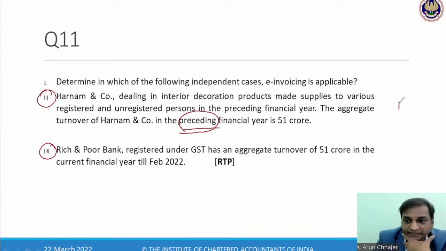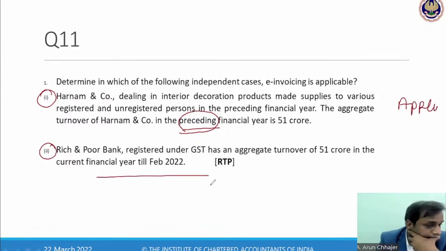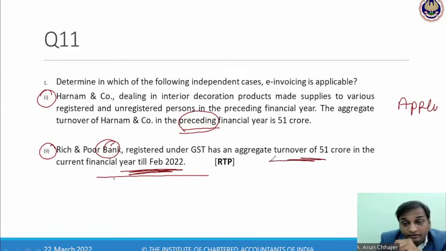Case 1 you are saying applicable. What about case 2? Example 2, is it applicable or not applicable? It is not applicable because first it is a bank, and second the turnover they are talking about is of the current financial year, not the preceding financial year.